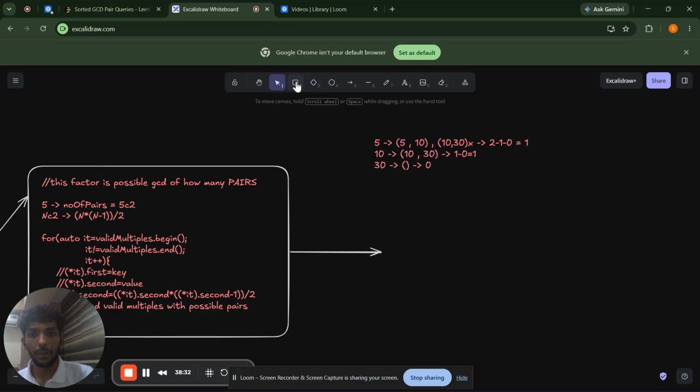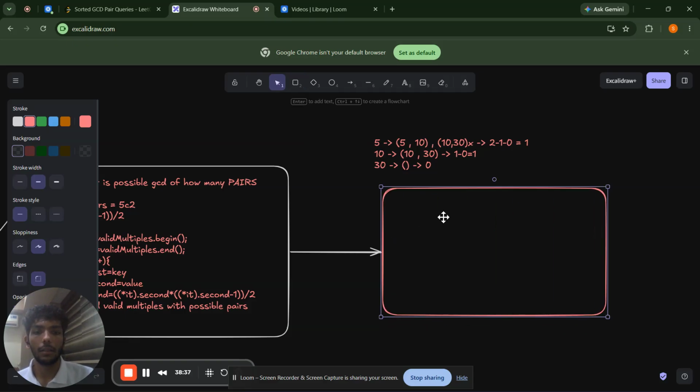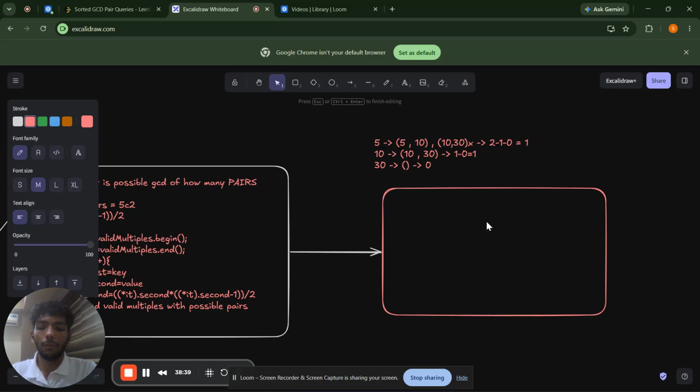So what we need to do is find all the competitor pairs, and competitors are no one but his multiples, which are acting as factors for others.